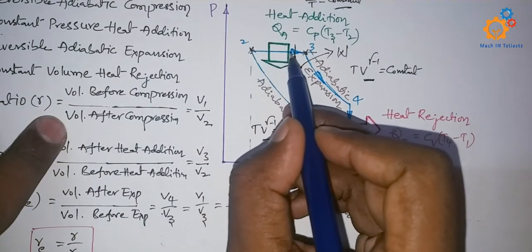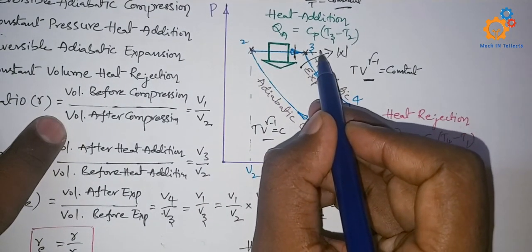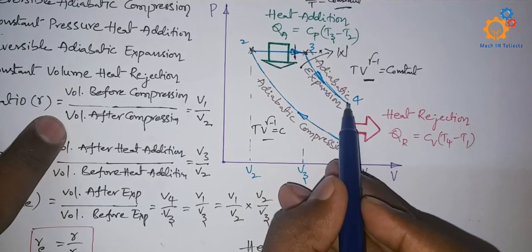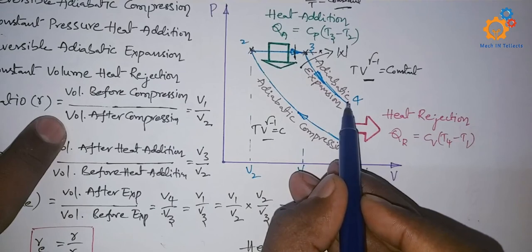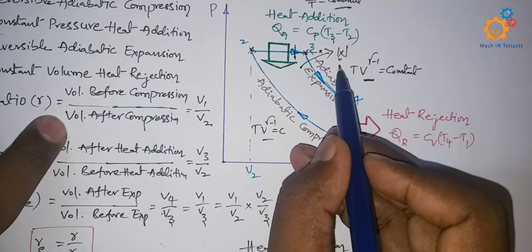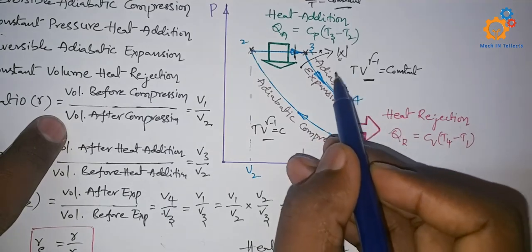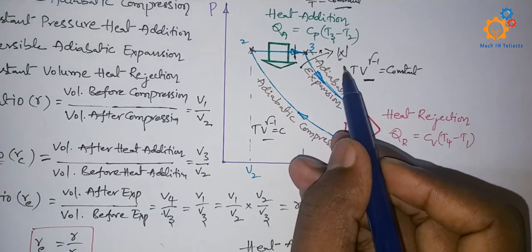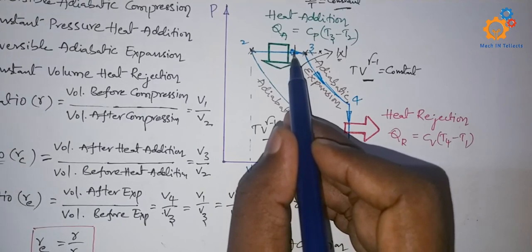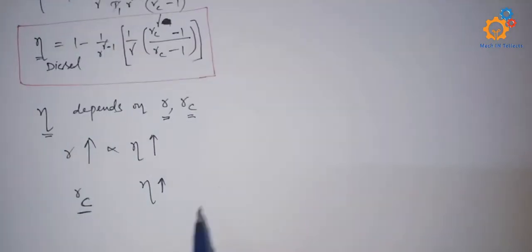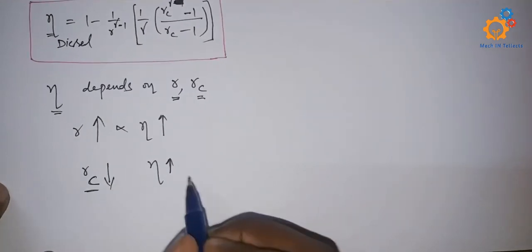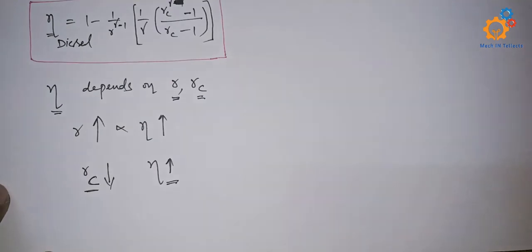If you have a longer cutoff ratio, you will have a shorter expansion process. That means you will get less work done, so you will get less efficiency. So cutoff ratio should be as short as possible, decreased to get more efficiency.